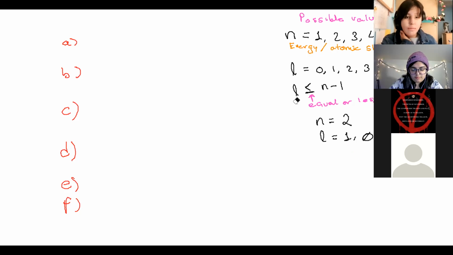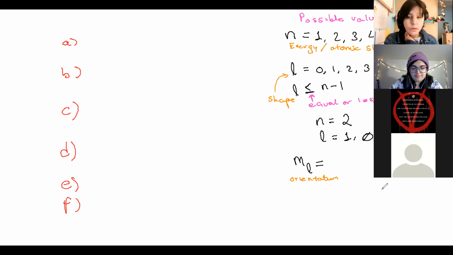Okay, so what are the possible values for m sub L? What's m sub L again? The orientation, right? I forgot to mention that L was the shape.